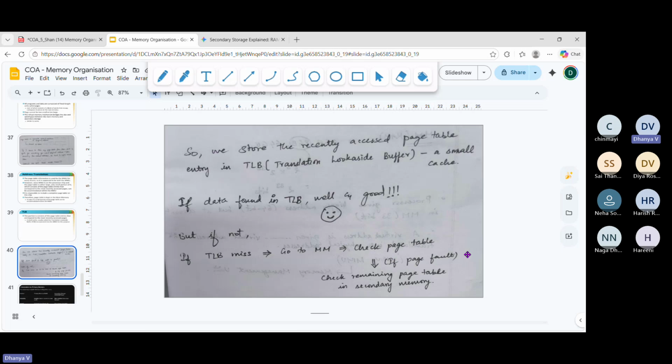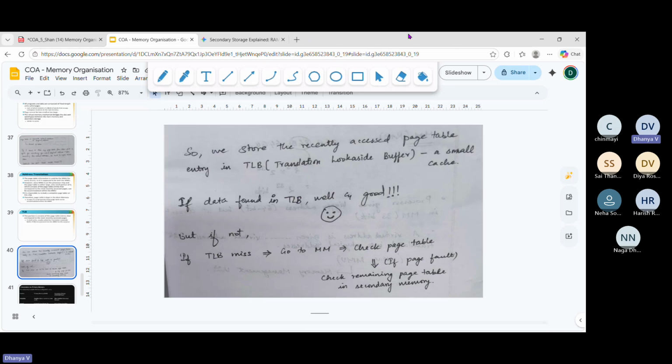If there's a miss in your cache, that's called a cache miss, or here a TLB miss. If it's a miss in your main memory, it's called a page fault. If there's a page fault, then there might be some other page table still remaining in your secondary memory, so that also gets checked. And finally, at the end of the day, it should be in your secondary memory. Then you will get your data.